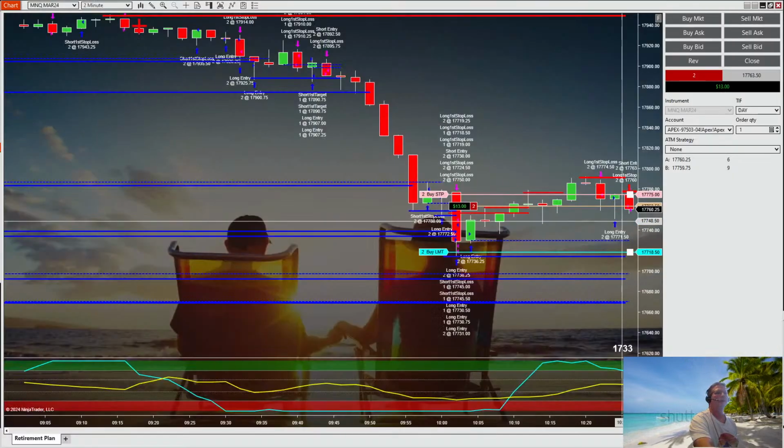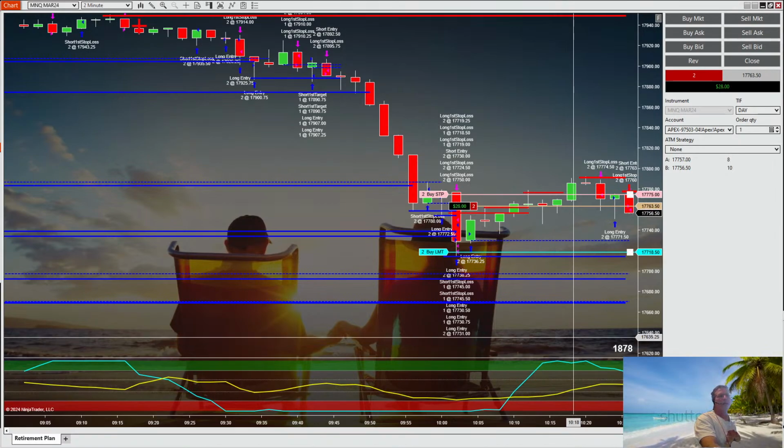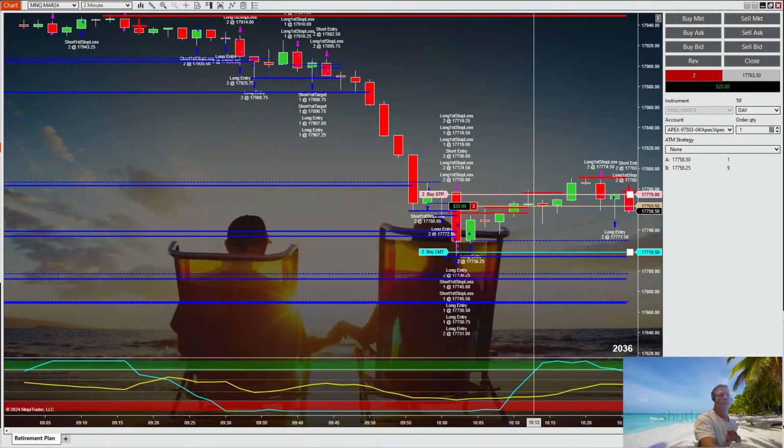Let's take a look at this one here. Here's a trade on the micro NASDAQ. Continuation down to the downside. Order submitted.